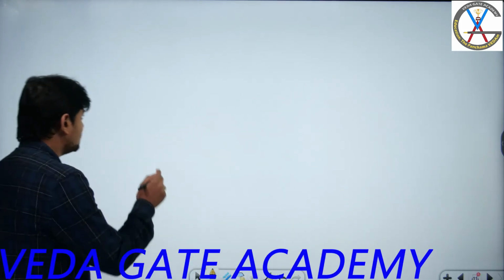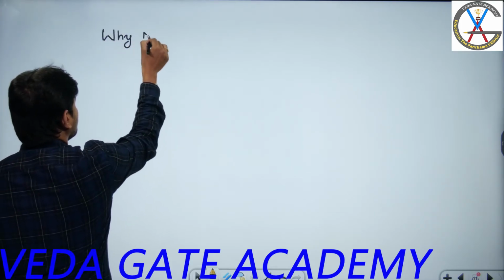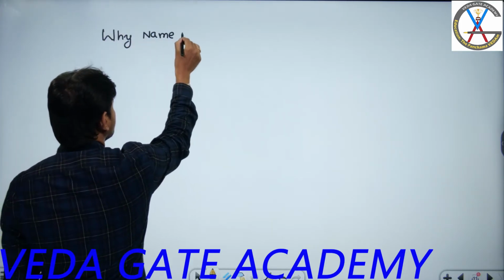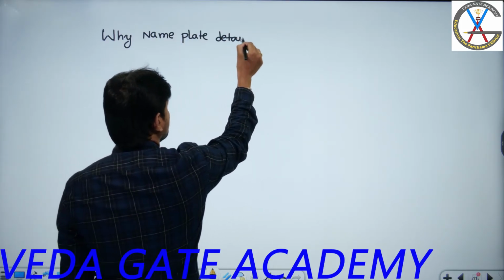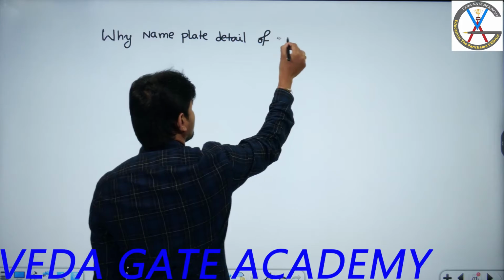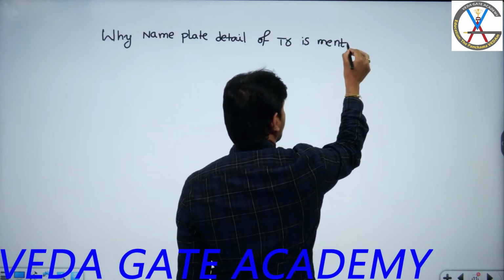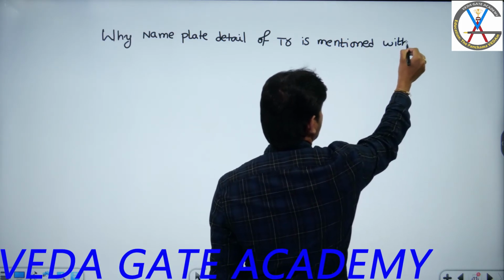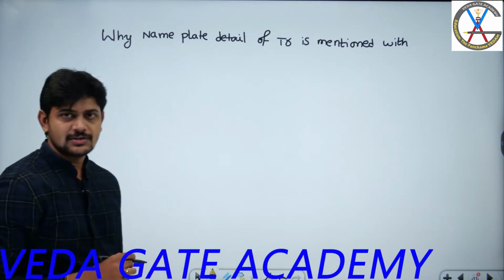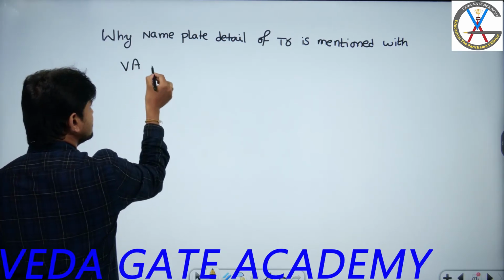Okay, so the nameplate details of a transformer are mentioned with a volt ampere rating. If you observe the nameplate details of a transformer, in general whatever power rating they mention is in volt ampere.